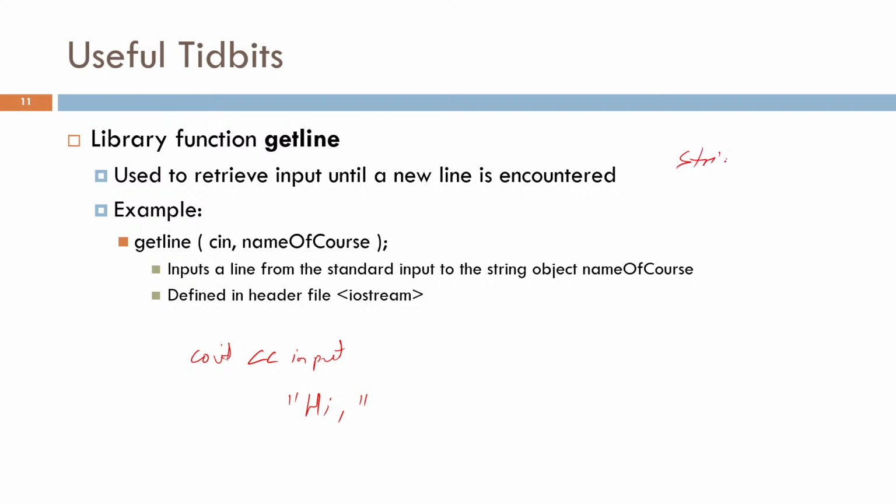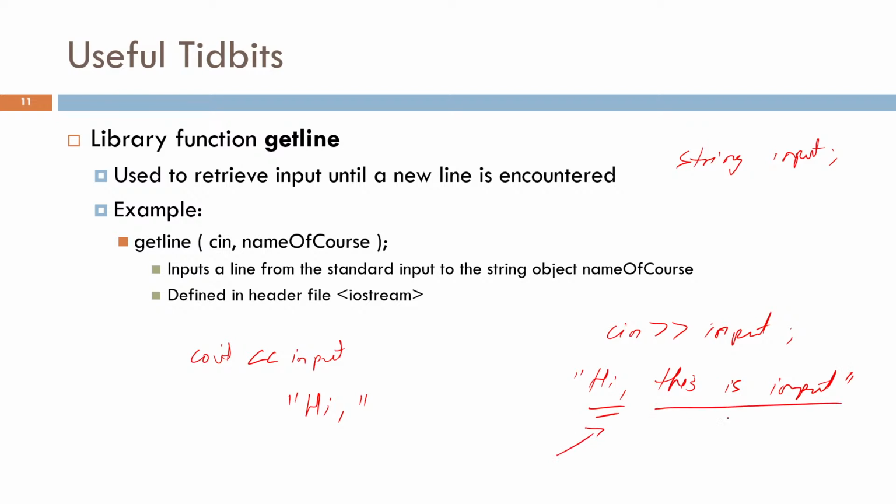I'm just going to rewrite this here: string input. So this is all you're going to get, and this part here is discarded. That's what happens when you use cin. Any space in your input, it's going to truncate at that point.